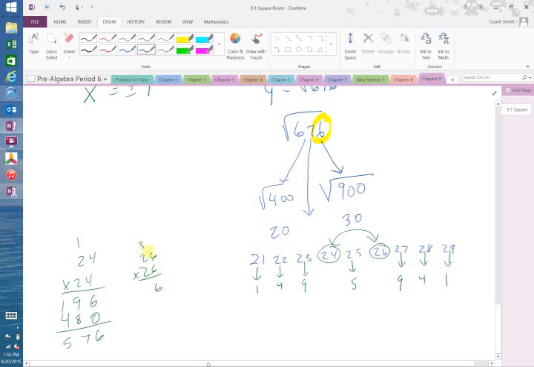That'd be 6, carry my 3, 6 times 2 is 12, plus 3 would be 15. Bring down my 0, that would be 2, carry my 1, 5. 676. So the square root of 676, so y equals plus or minus 26. That's your answer.